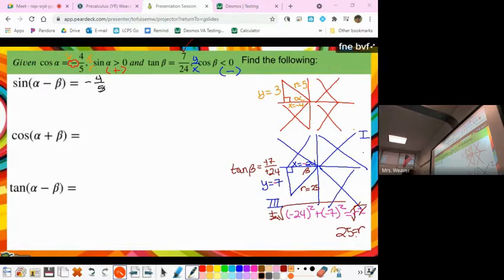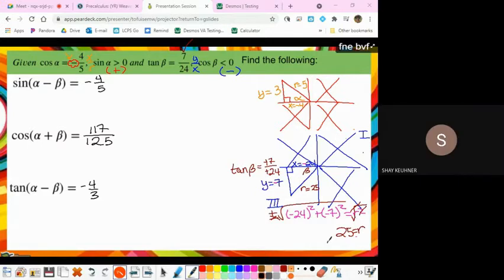For the cosine of alpha plus beta, you should have gotten 117/125. And for the tangent of alpha minus beta, you should have gotten -4/3. Okay, so anybody not get those or have questions about those?